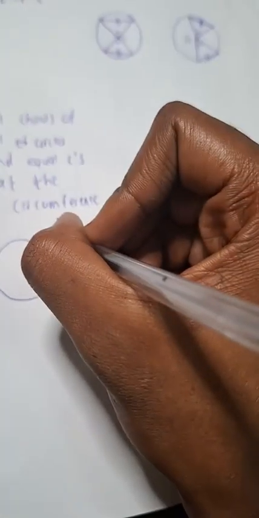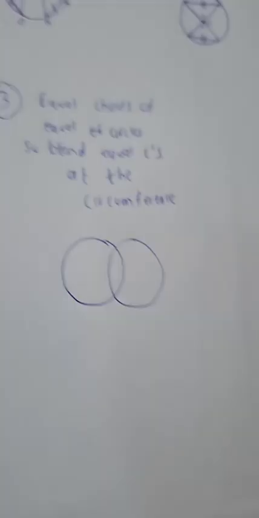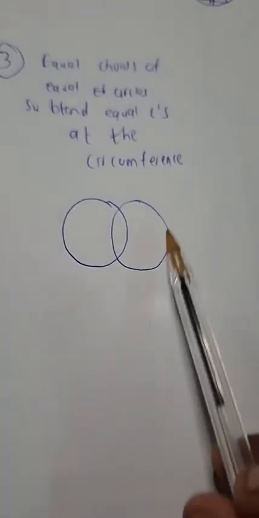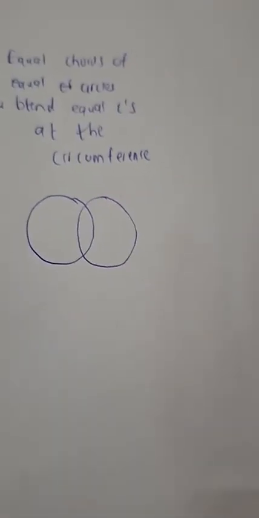Very important. The two circles need to be equal circles. That's what's important here. The circles must be identical.